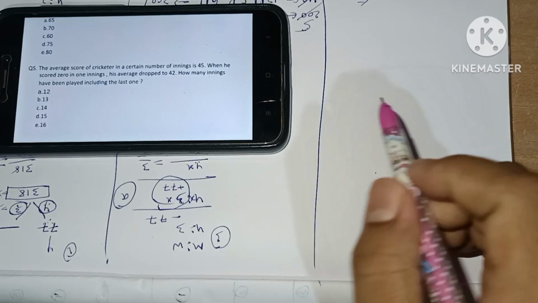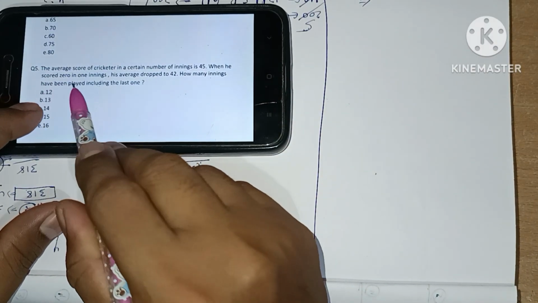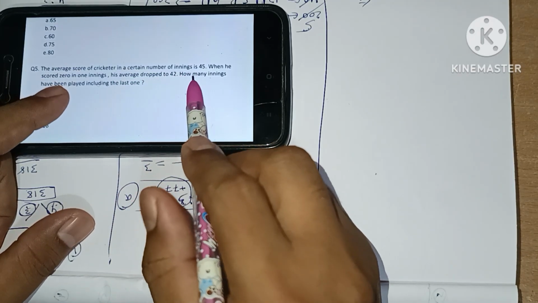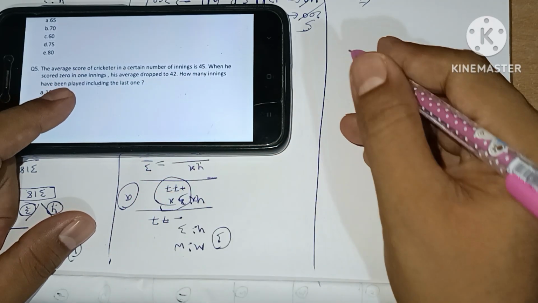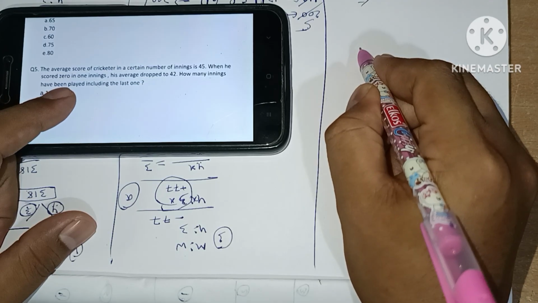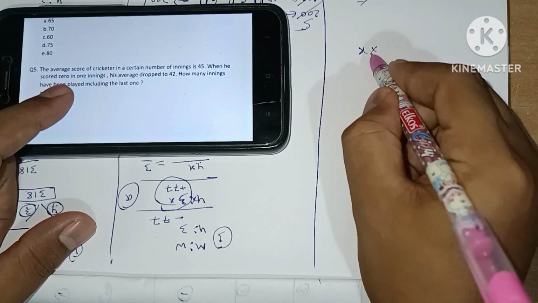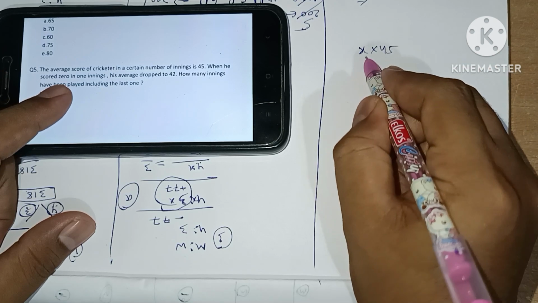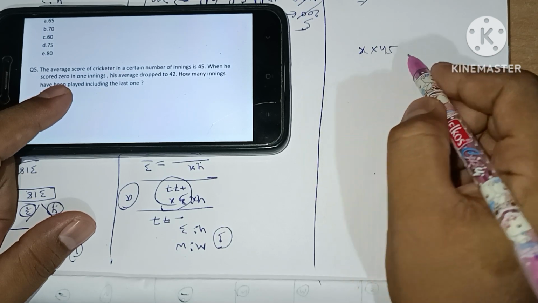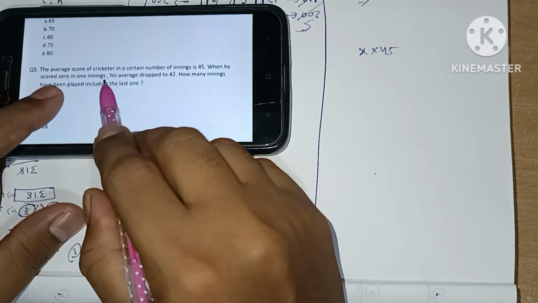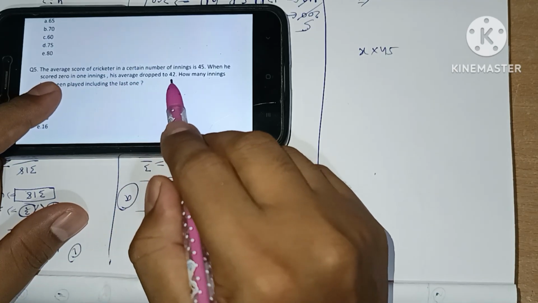Okay. Now we are going to see question number 5. The average score of a cricketer in a certain number of innings is 45. So the total number of innings, let's say X, average is 45. So the total score he scored is 45x. When he scored 0 in one innings, his average dropped to 42.